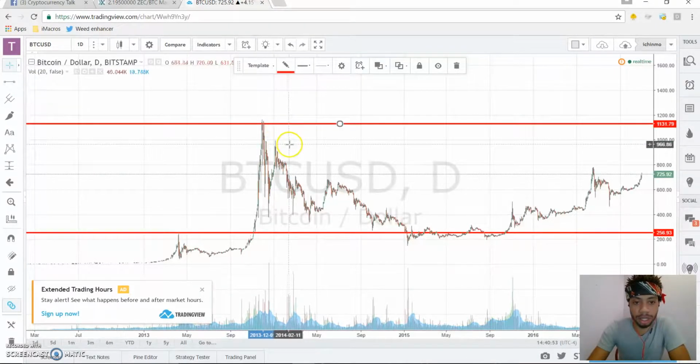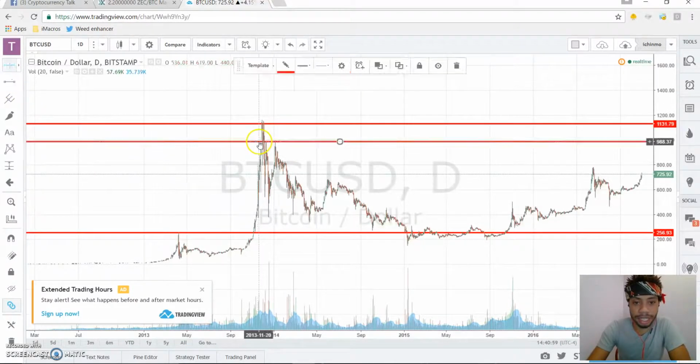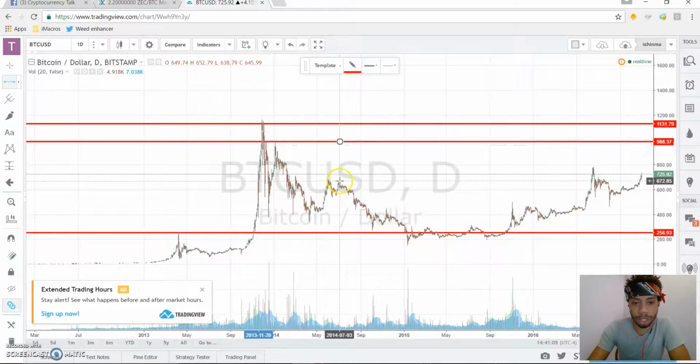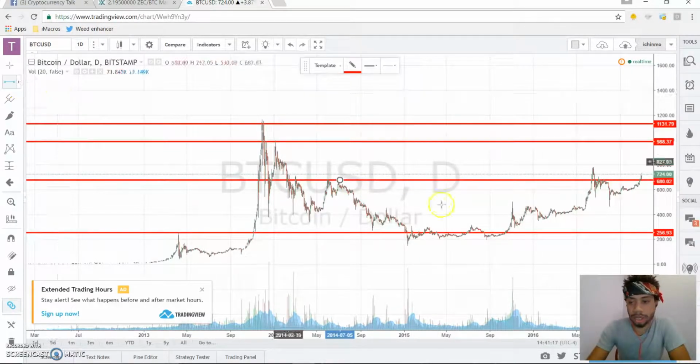Here, here. But I hate this. And here. Now, support and resistance lines are like areas. It's not just exactly that line, but it's an area. And we got one here.